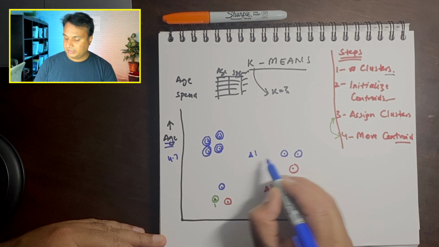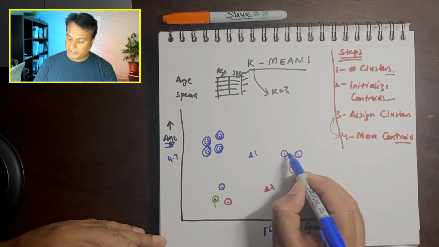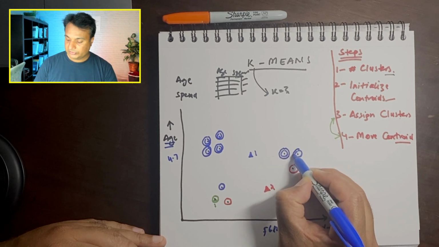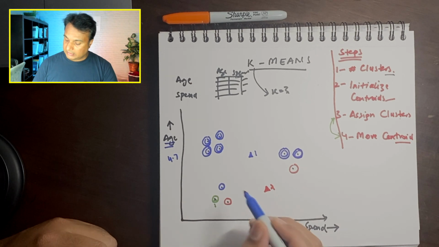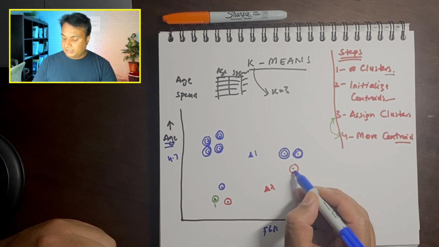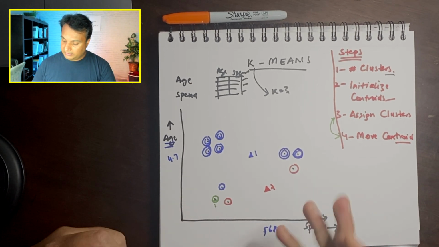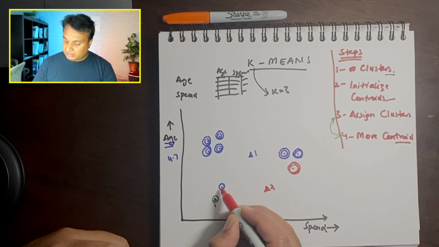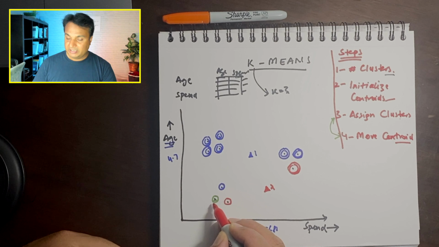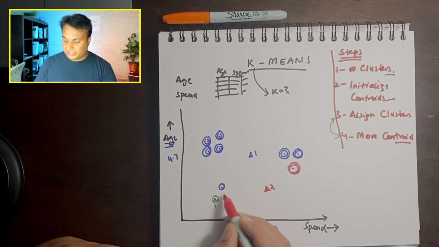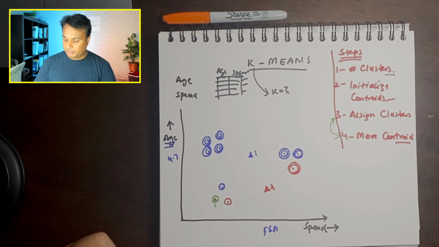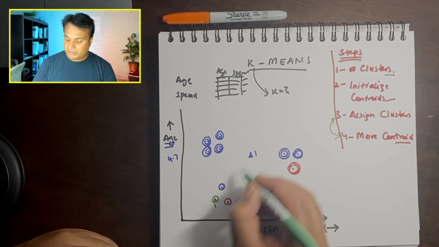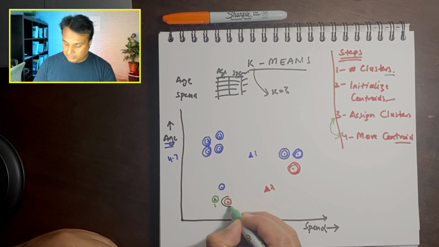I think the distribution will still stay the same because it is still near this blue point, and this is still near this blue point. However, this will still remain red. But these points, since they are now near green, their cluster assignment will change. They will become green because when we compare their distances, they are nearer to green.